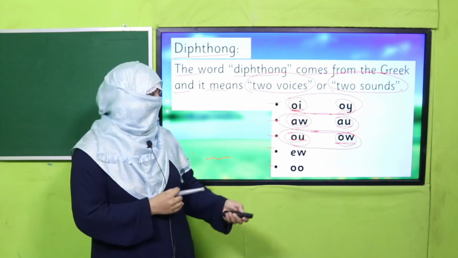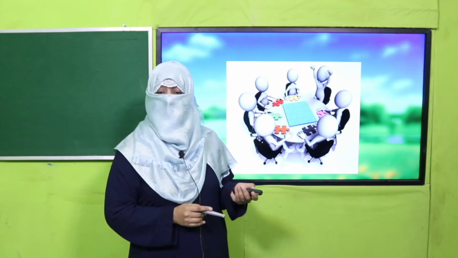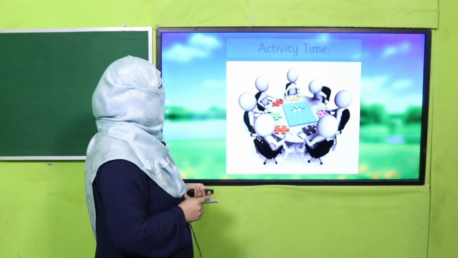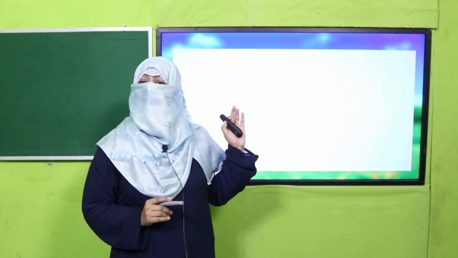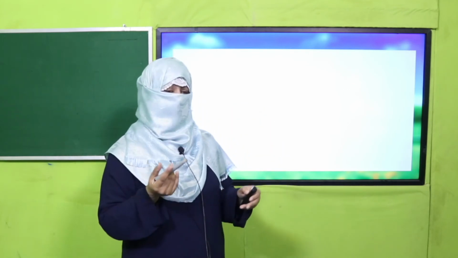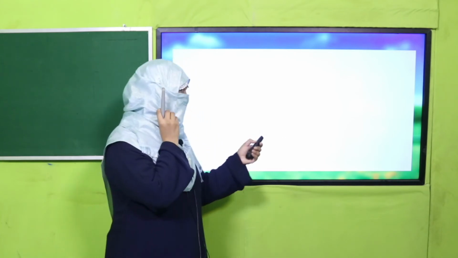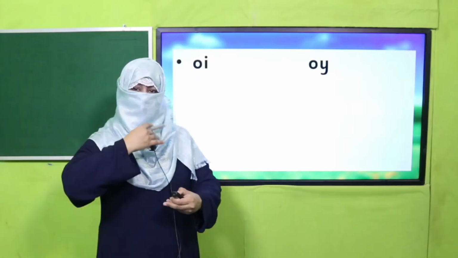All right. So my dear teachers, here we have an activity. You will say the diphthong and all the students in the class will say its sound. I'm going to do one for you, then you will practice with all the students. So here is OI says, now students will respond.